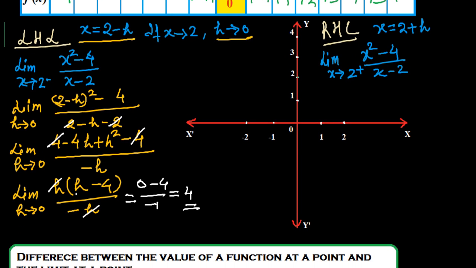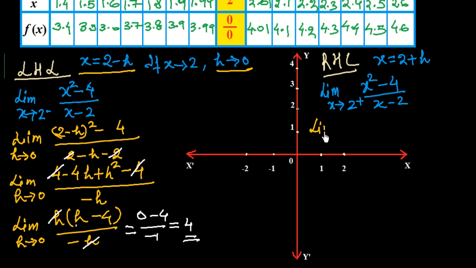Now what we have to do here? Now instead of x we put 2 plus h, so we take the limit h tends to 0. So here I put 2 plus h whole square minus 4 over 2 plus h minus 2.